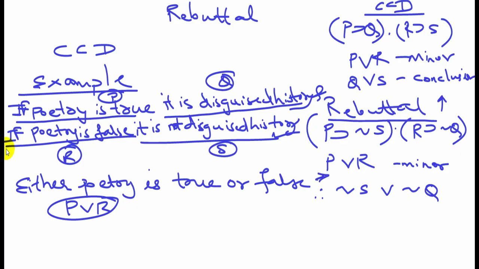Then comes your conclusion, which is not S, not Q. So S is what? It is not disguised history. So now this will turn to either it is disguised history, right? Or your Q. It is disguised history. So it is not disguised history, or it is misleading. What was the original thing?